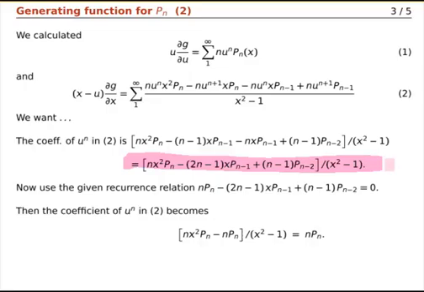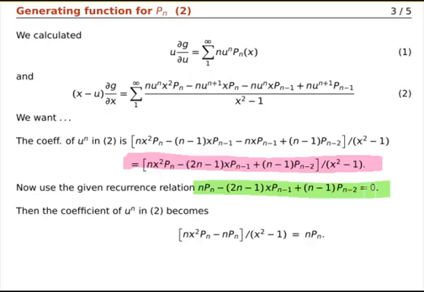Now, this formula here is a combination of p_n, p_n minus 1 and p_n minus 2. But remember, we were given at the beginning of the problem a relation, an identity satisfied by the Legendre polynomials, which relates p_n, p_n minus 1 and p_n minus 2.